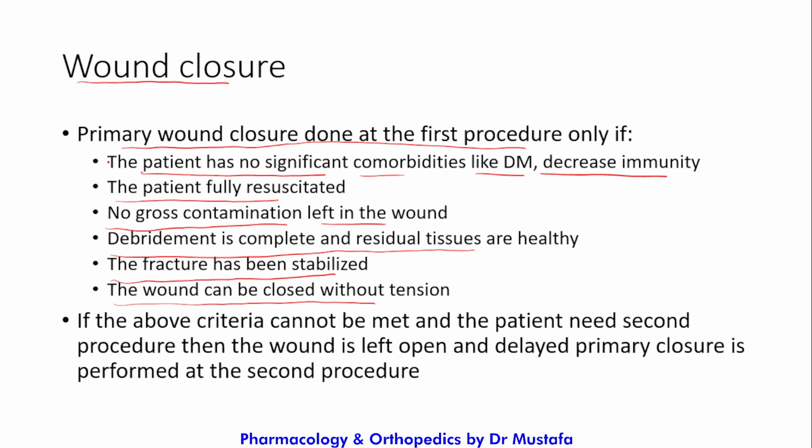So all those points have to be achieved for the wound to be closed at the first procedure. If the above criteria cannot be met and the patient needs a second procedure, then the wound is left open and delayed primary closure is performed at the second procedure.